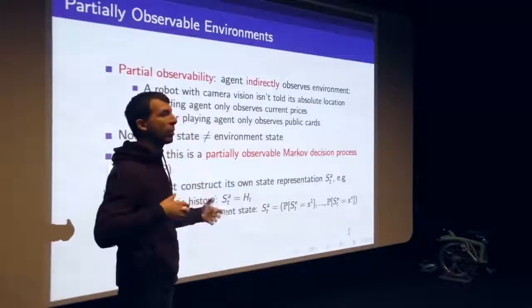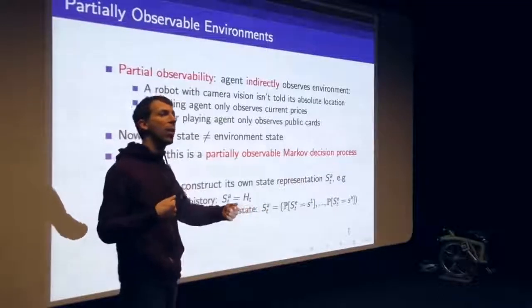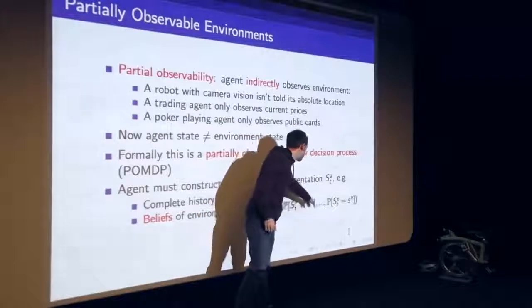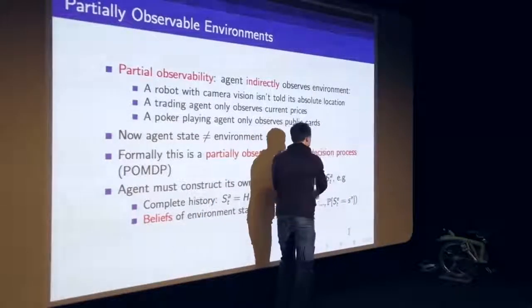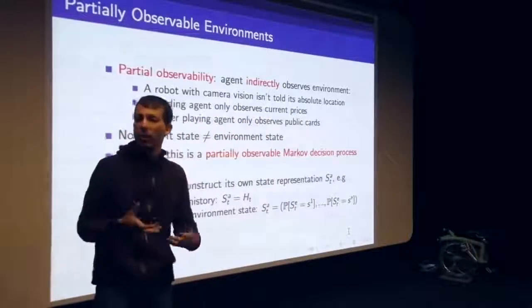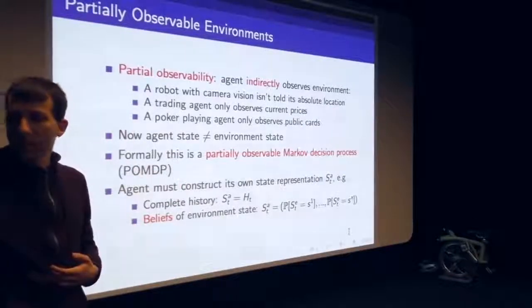So you think, okay, I don't know what's happening in the environment, but I'm going to keep a probability distribution over where I think I am in the environment. So I'm going to have some probability that I think the environment state is S1, some probability the environment state is Sn, etc. And this whole vector of probabilities defines the state that we're going to use to actually decide what to do. So you actually keep a whole probability of all of those things.